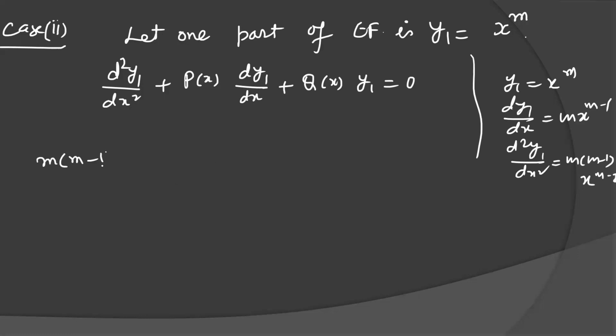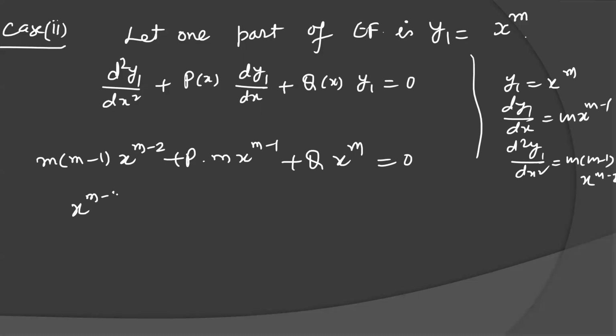m into m minus 1 x to the power m minus 2 plus p, I'm using p for px actually here, m into x to the power m minus 1 plus q into x to the power m equal to 0. x to the power m minus 2 we can take outside, then it will become m into m minus 1 plus pmx plus qx square.